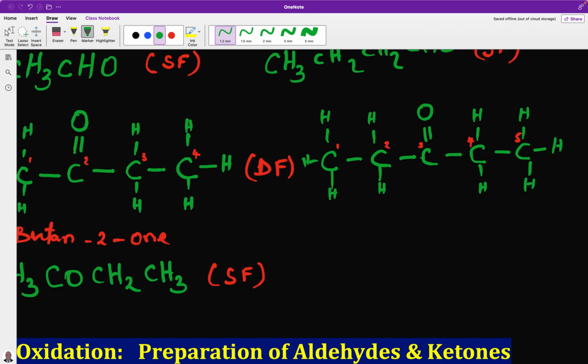We cannot add hydrogen on this carbon here again because carbon forms 4 bonds, making a total of 8 electrons in the outermost shell.